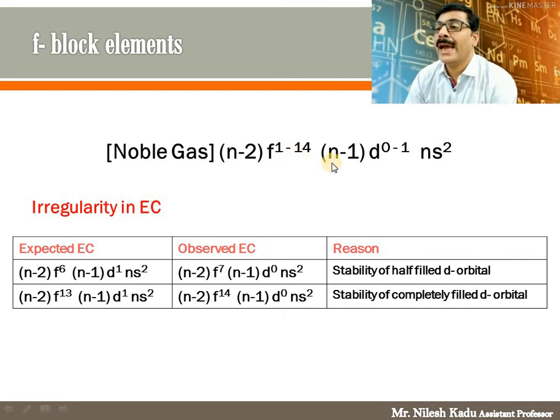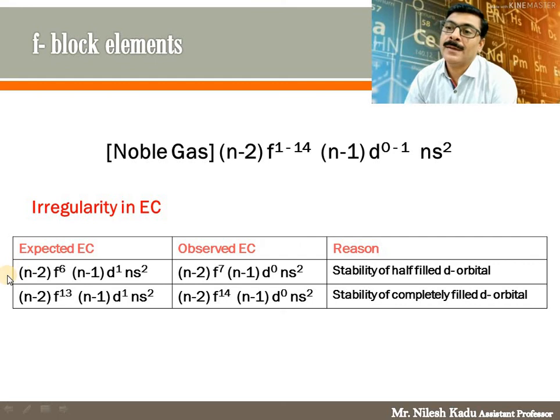Now (n-1)d contains 0 to 1 electron, and this is due to the irregularity in the f orbital. And then ns2.